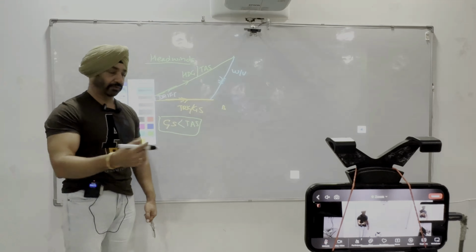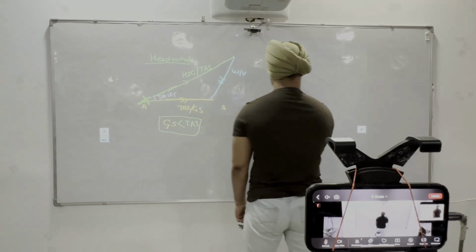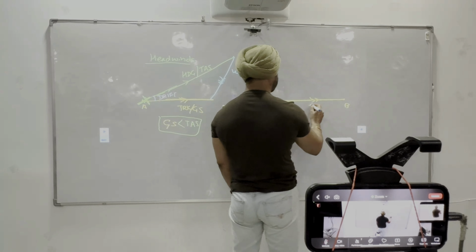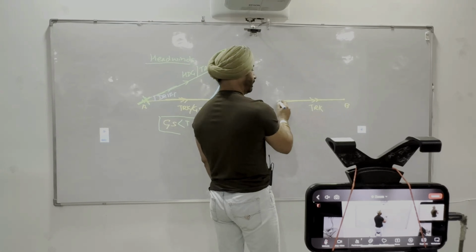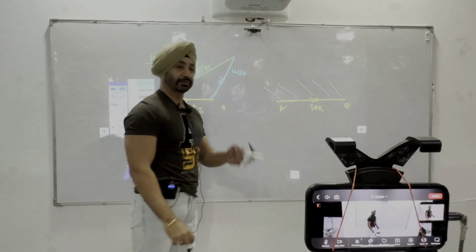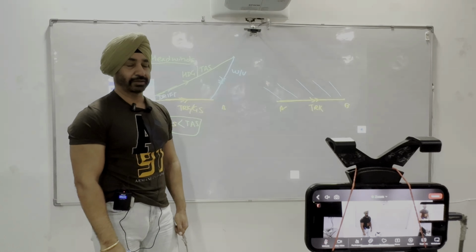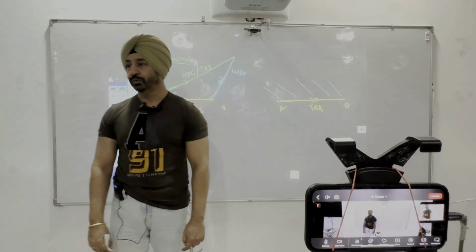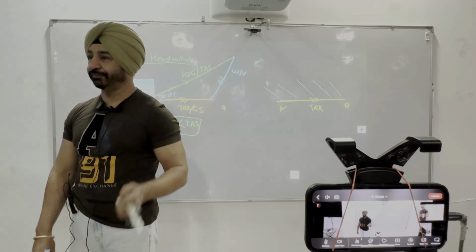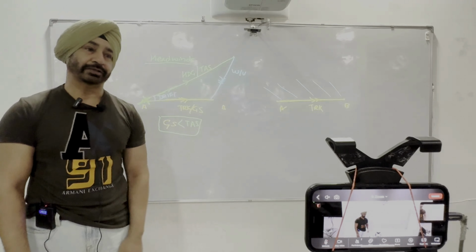Now in the same way, let's say I want to go from A to B, this is the track which you want to fly. Same A to B, but today winds are like this, coming from the left tail quarters. What kind of drift will it give you? If the winds are coming from the left, they will give you starboard drift. So which side will you make the correction? Into the wind.